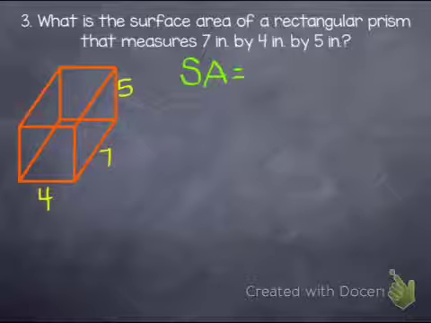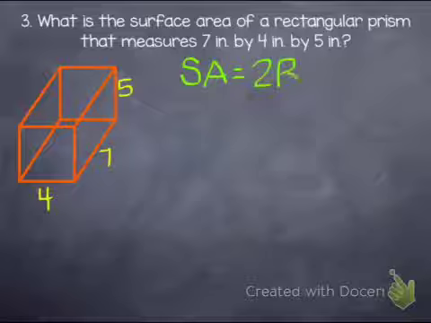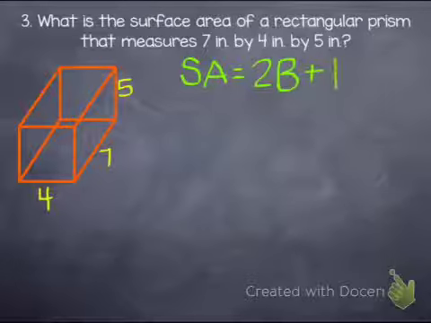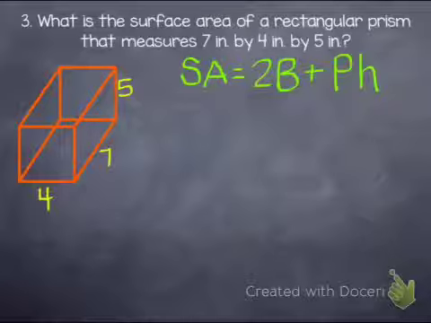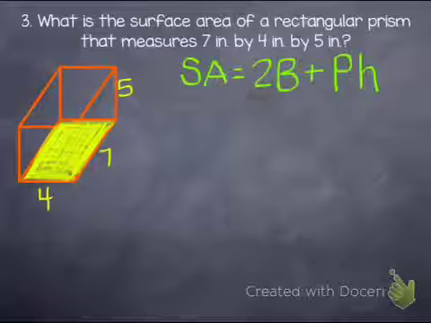But the surface area of a prism is 2 times the area of the base plus the perimeter of our base times our height. So we need to figure out which piece we're going to use as our base. So I've colored in the shape at the bottom down here that we're going to use for our base shape.